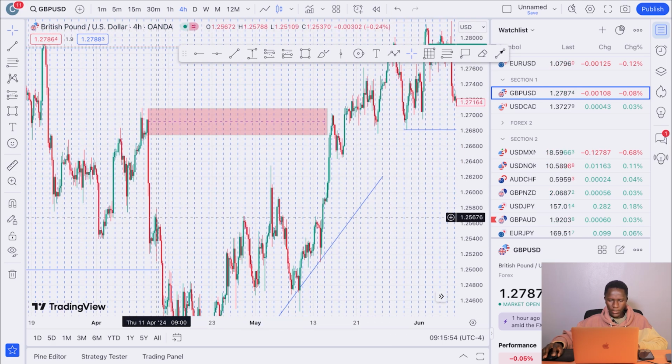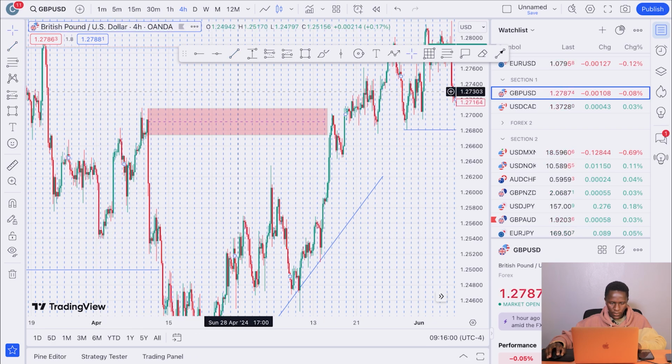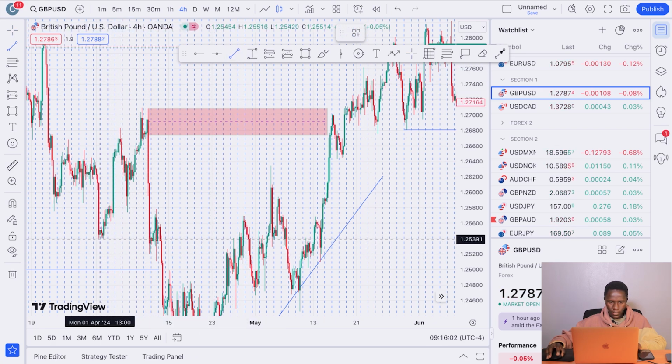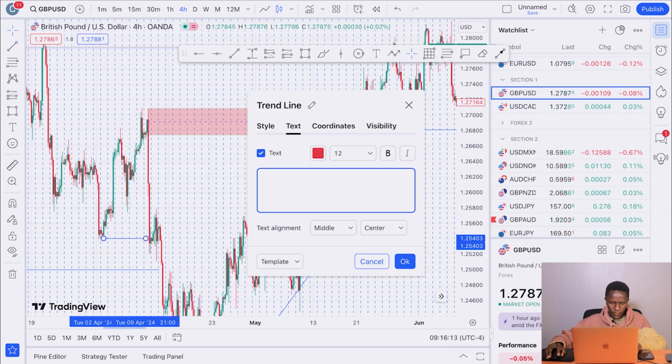We expected the market to come here since it had broken structure previously on this zone. On this zone, this was a break of structure.